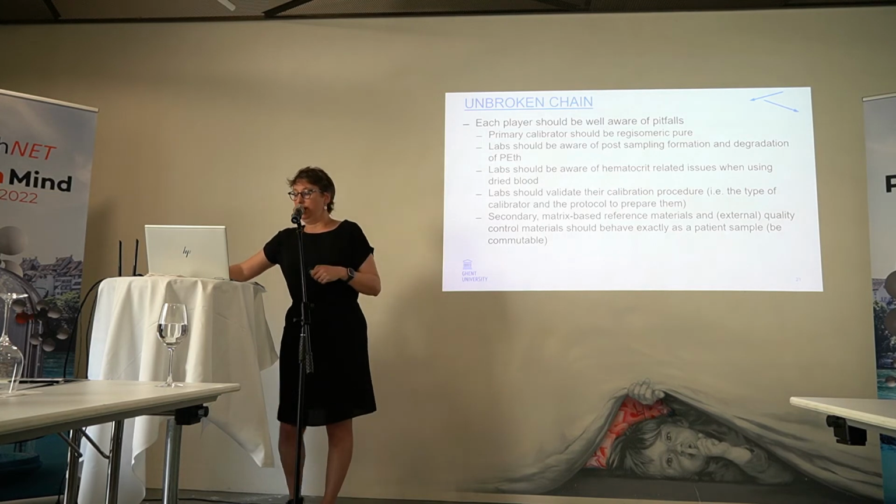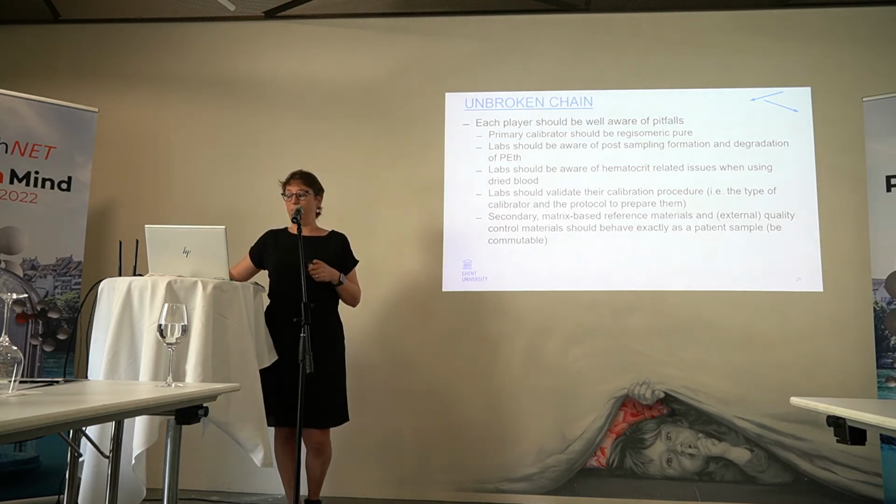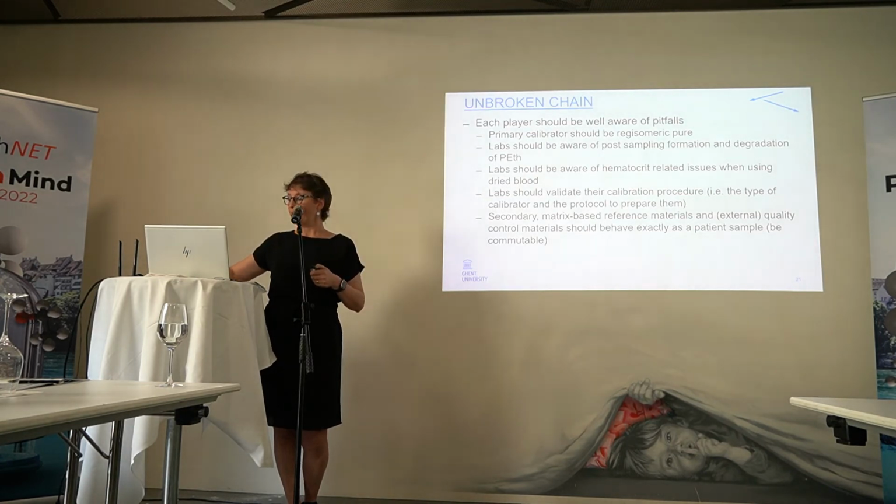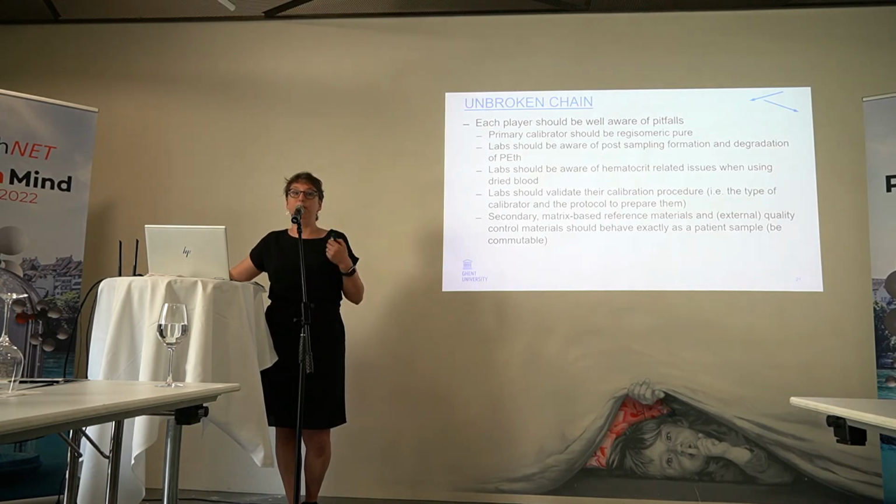And again, the secondary matrix-based reference materials and external quality control materials should behave exactly as a patient sample. So they should be commutable. That is also something which is very important, because if they behave differently, we can maybe match the QCs, but we won't get it right for the patient sample.